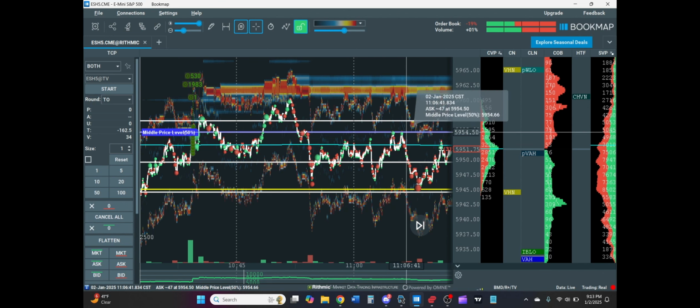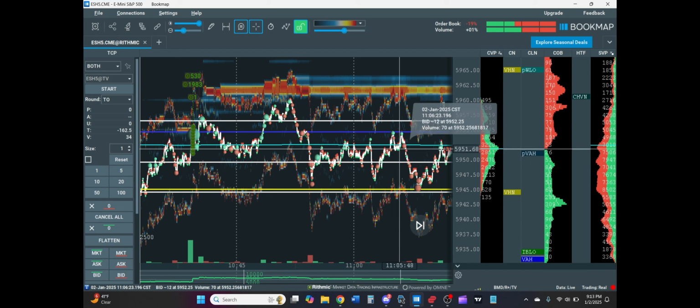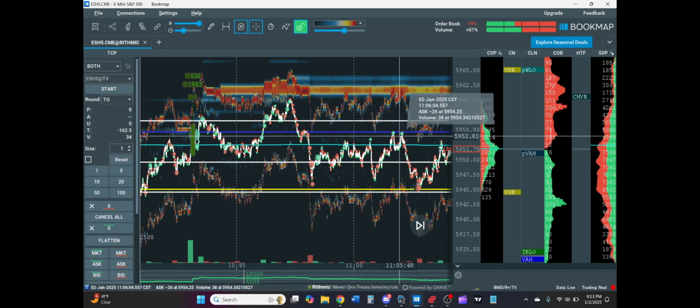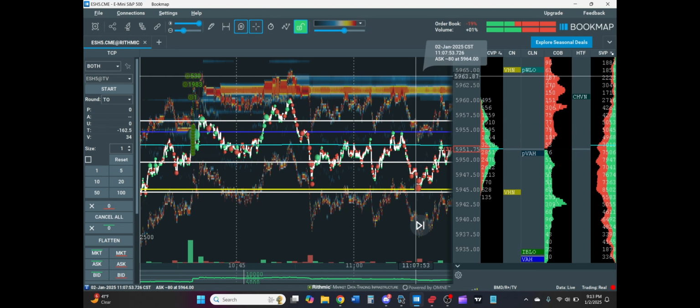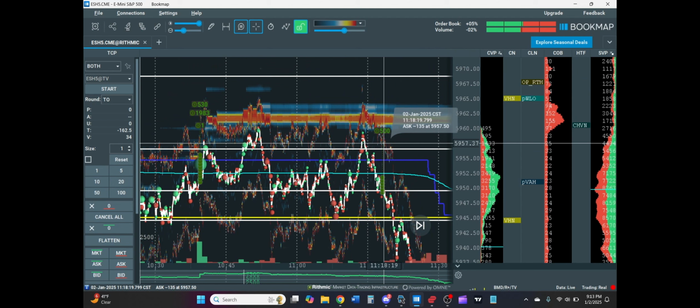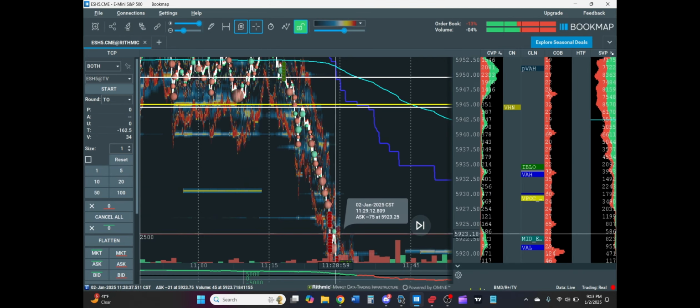Could be something to observe. We got mid back to VPOC again. And see, it's kind of rotational. We're outside to VPOC and break below.